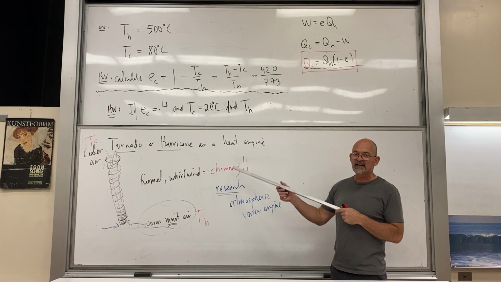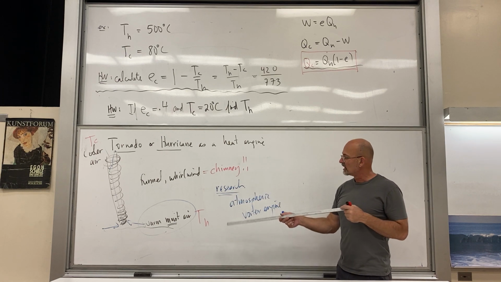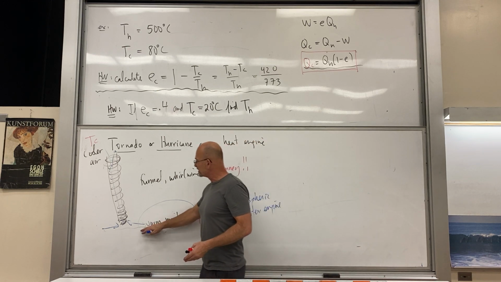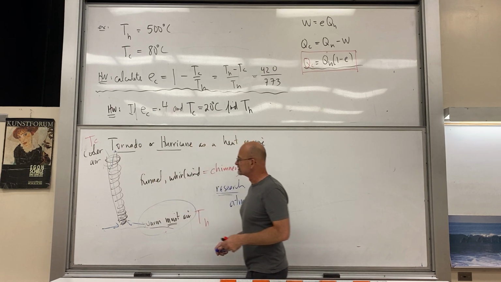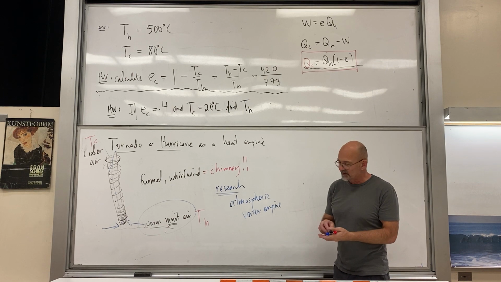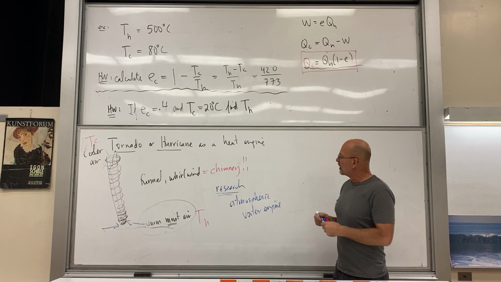But it's recognizable from what I've told you that's the idea. Okay. You've got chimney effect, you've got high temperature, you've got low temperature. And this will allow us to segue pretty nicely.